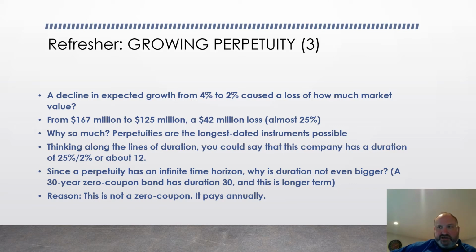In fact, what you'll see when you look at 30-year bonds that pay coupons, you'll usually see that they have duration somewhere in the range of 12 to 15, sometimes a little less, sometimes a little more. So nowhere close to 30, and that's because you're getting these cash flows. It's because of the annuity portion of the bond as opposed to just the part that comes at the end, because a zero coupon bond has no annuity portion, okay? All these concepts you should start to be getting a little bit used to.